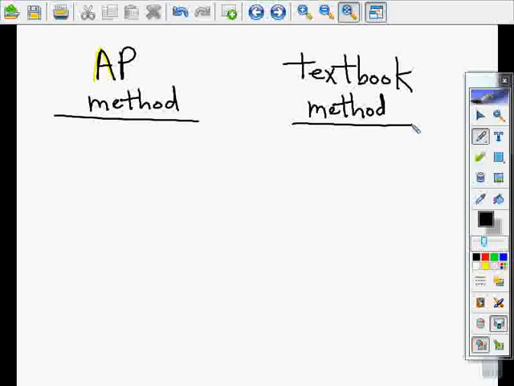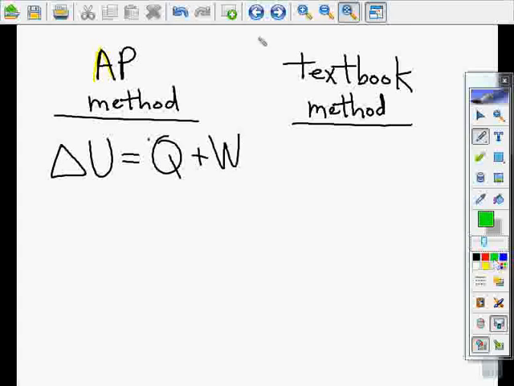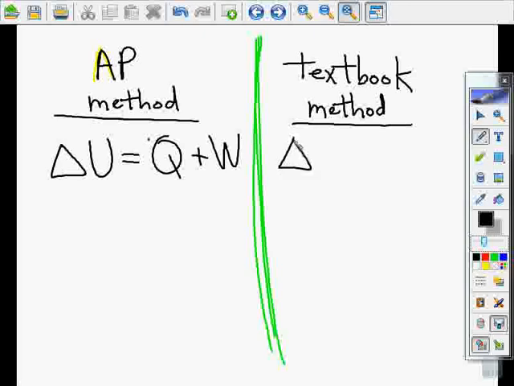So, where we have the increase in internal energy is equal to Q plus W. If they have the opposite sign convention in the textbook, the way they have to write the formula is delta U equals Q minus W. That's perfectly fine if you're going to stick with that convention, but we're going to stick with the AP convention.